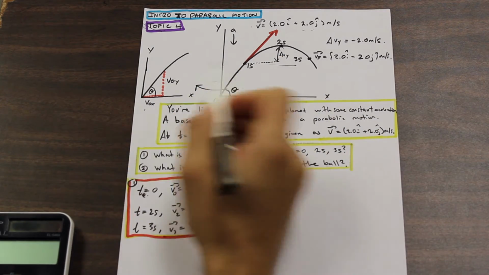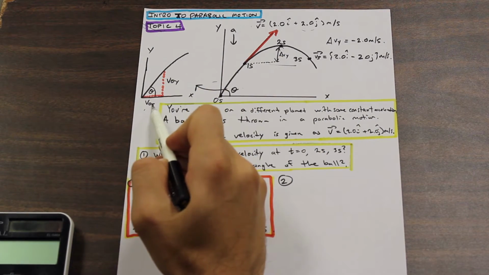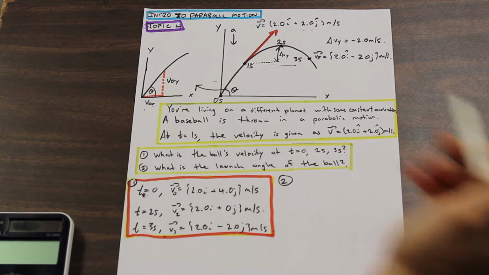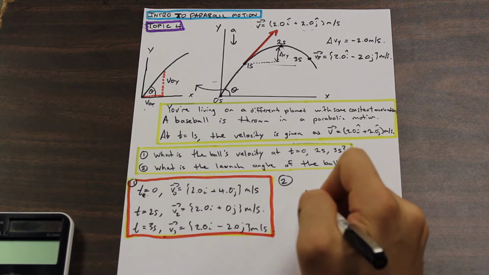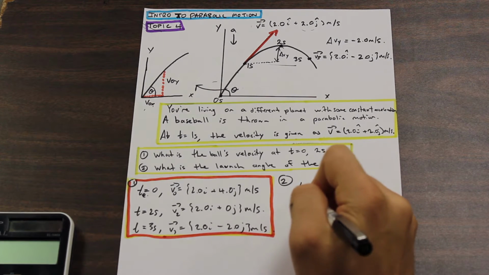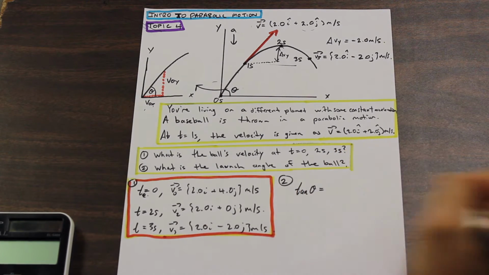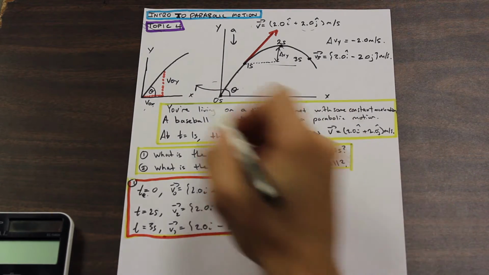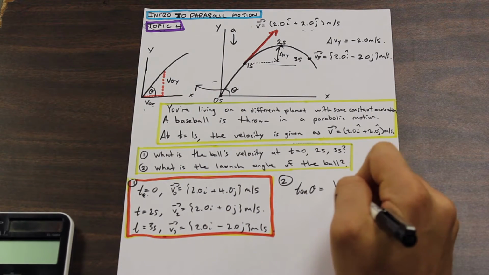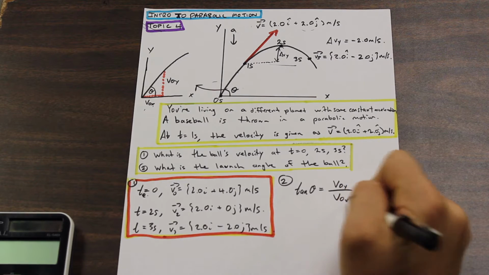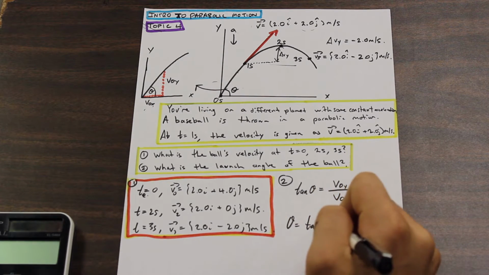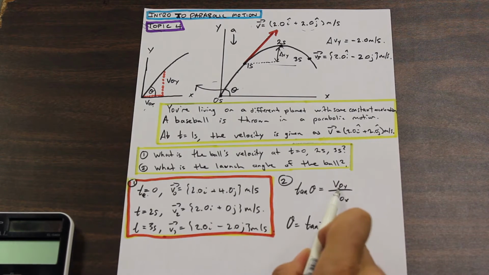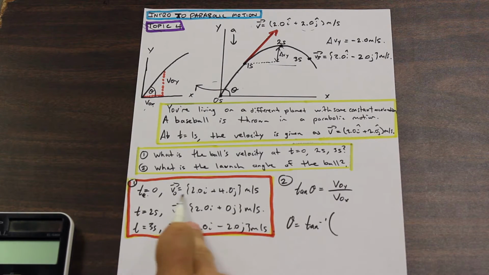So if we just take a look at this, we can see that opposite over adjacent, taking the tan inverse of that would give us our angle, right? So let's go ahead and just solve that real quick. So we have tangent theta is equal to v naught y over v naught x. So theta is equal to the inverse tangent of, what's our v naught y? Well, let's just take a look at our initial velocity.